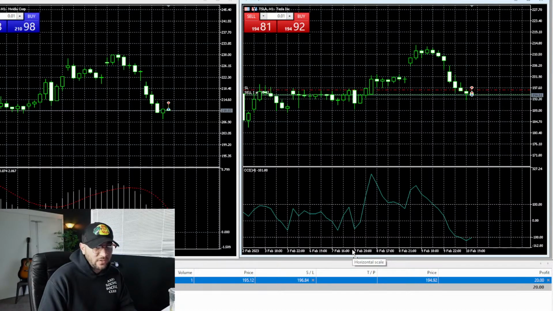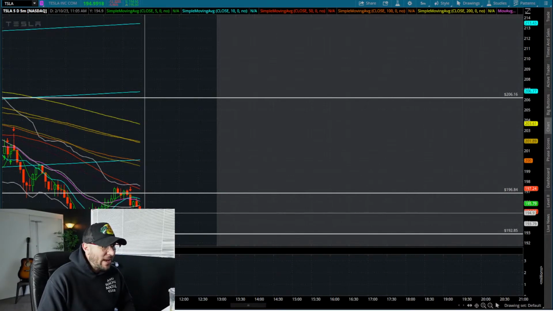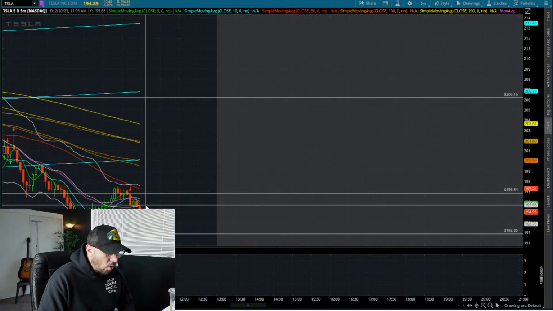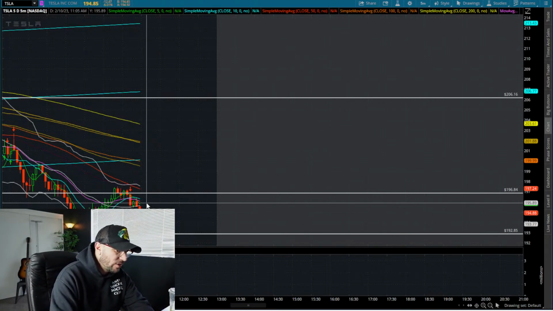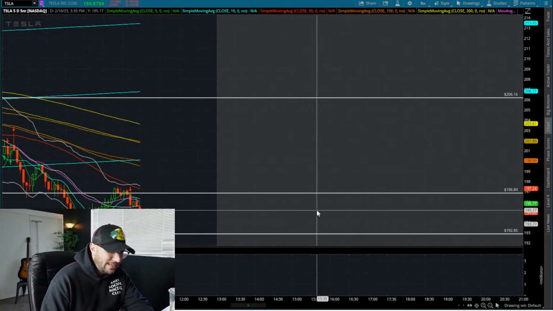Currently up $16, $15, $20 on the position, 24. I don't know if you guys can see that down here in the lower right hand corner. $4, breaking even. So again, looking for the snapback here. If we do get the snapback back over any of these short-term moving averages, I'm going to have to get out. Again, my stop loss is 196.84.